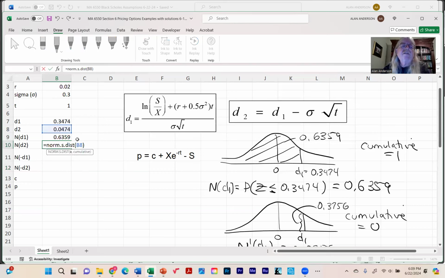Now, the funny thing about this is that for all these years, that cumulative was only added fairly recently. So all those years I was used to it only asking for the z-score or the value of the z or standard normal random variable. That cumulative thing, I keep forgetting about it because it's fairly new.